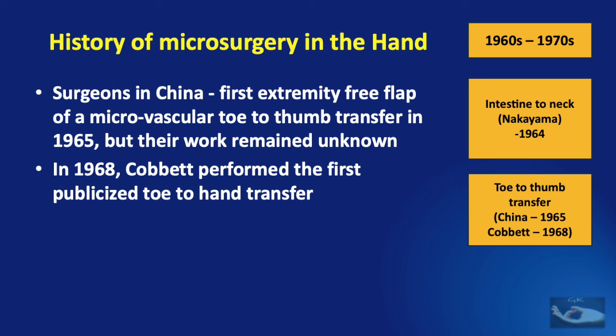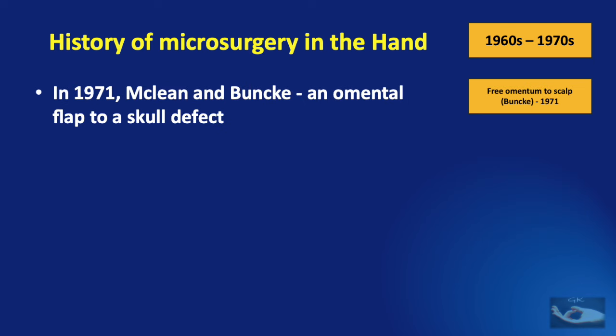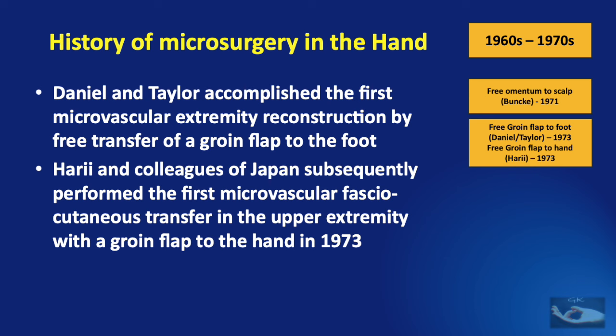In 1968, Corbett performed the first publicized toe-to-hand transfer. In 1971, McLean and Bunke transferred an omental flap for resurfacing a skull defect. Daniel and Taylor accomplished the first microvascular extremity reconstruction by free transfer of a groin flap to the foot.